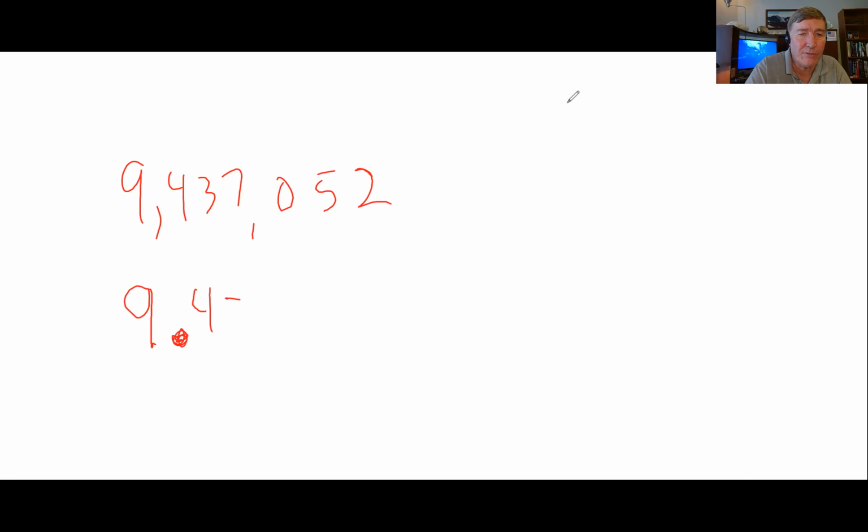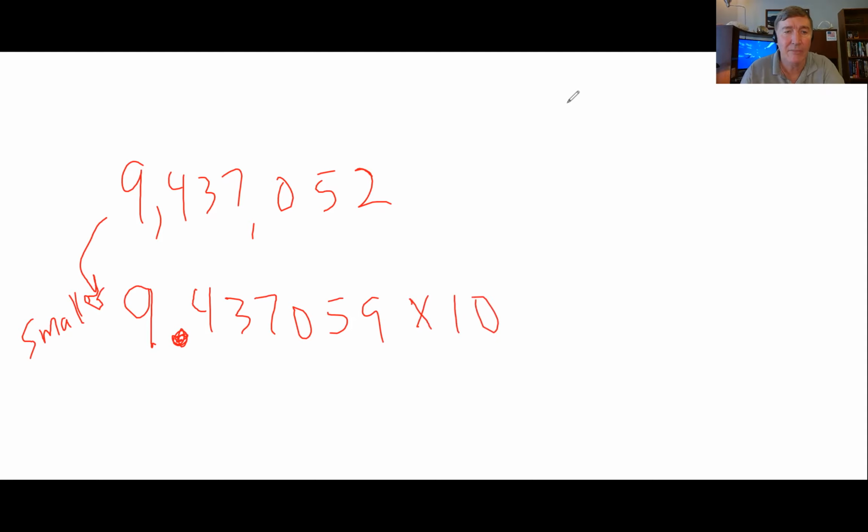So 437052. Okay, but now I got a problem because the number on the bottom is a whole lot smaller than the number that I started with. So that means I'm going to have to do times 10 to something. Well, the way I like to do it is I like to look at my original number and I ask, where is the decimal? And I say, well, the decimal's right here.